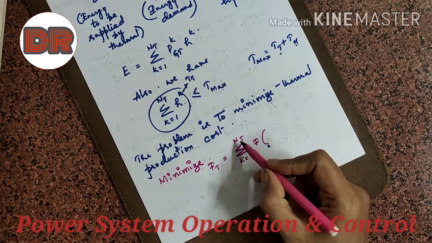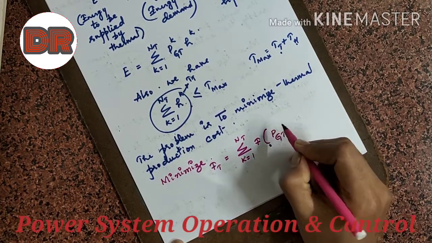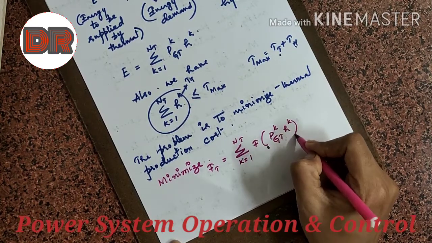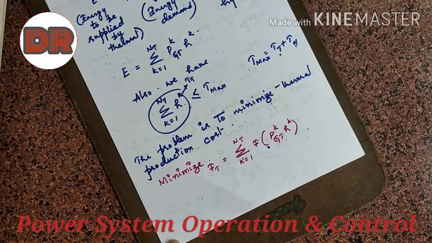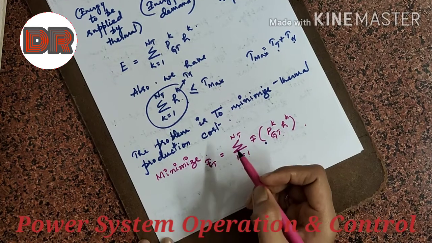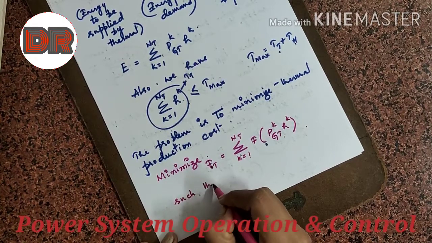So from 1 to NT, and which can be given by the energy, which is nothing but this. So it's a function. What function? It's a cost function.